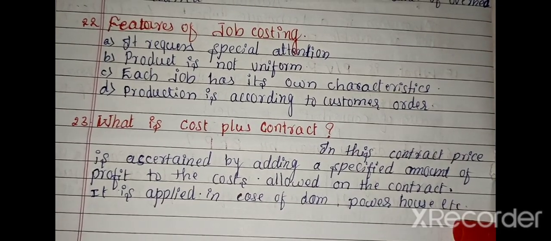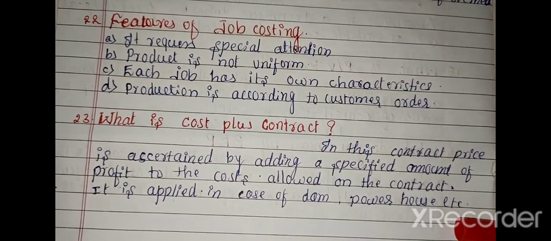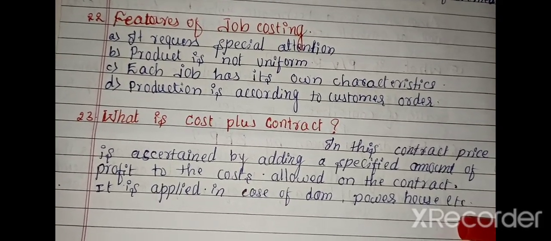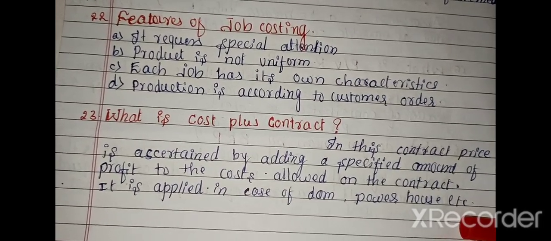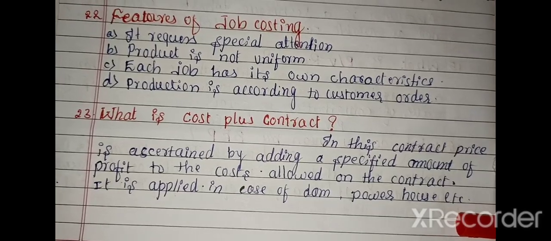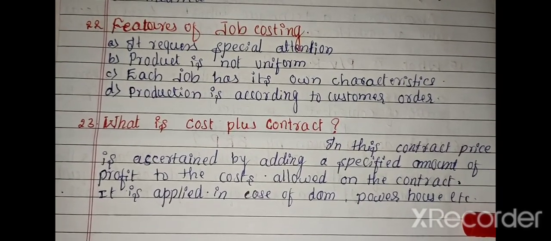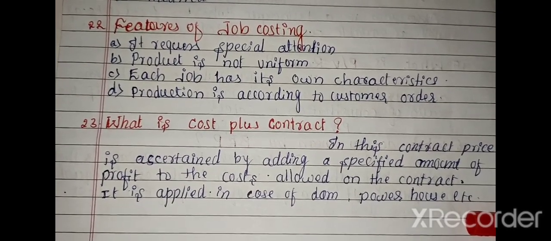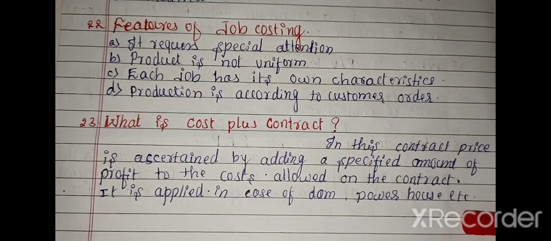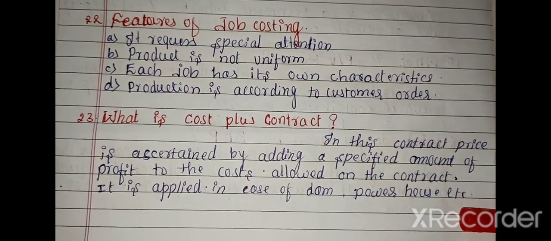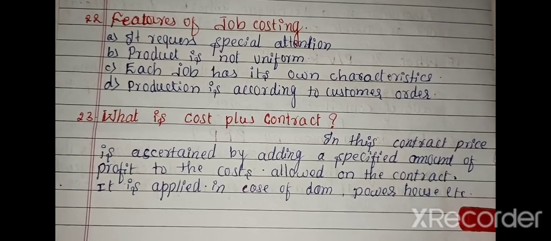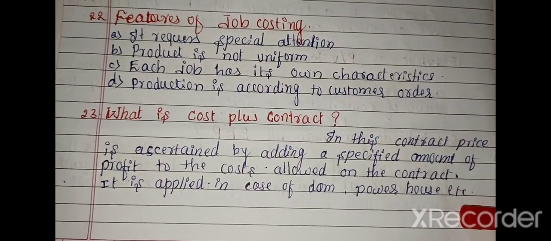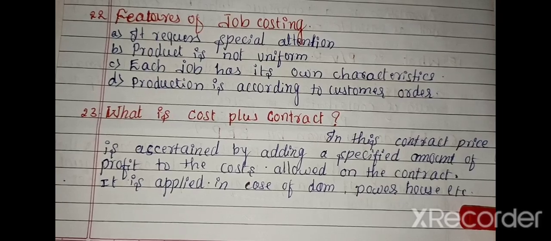If the question is asked, you have to write only two features out of the four given here. First one is it requires special attention. Second feature of job costing is product is not uniform. And third feature, each job has its own characteristics. And fourth feature of job costing is production is according to customer order.